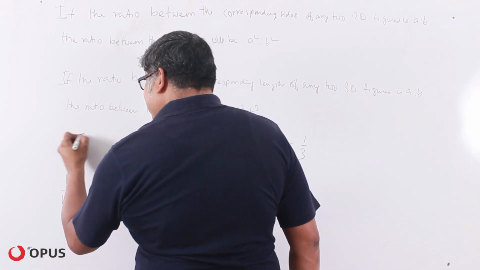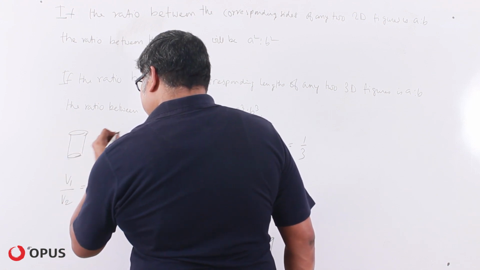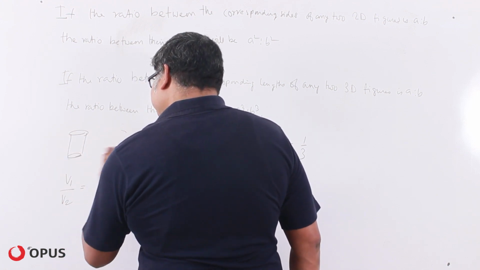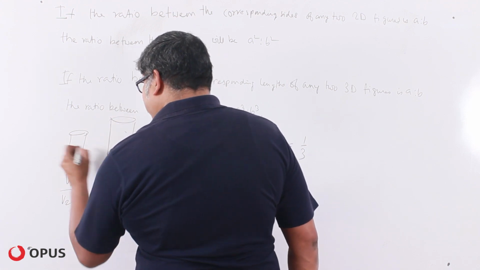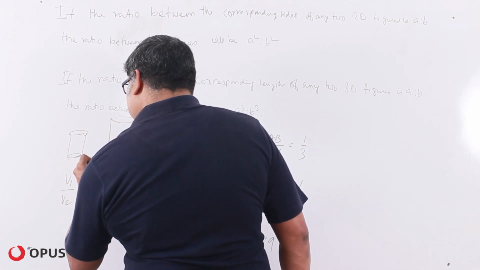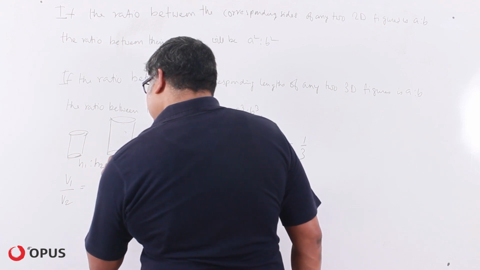Suppose these two cylinders have H1:H2 as 1:2.